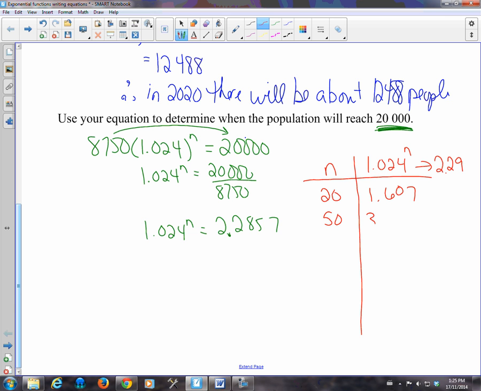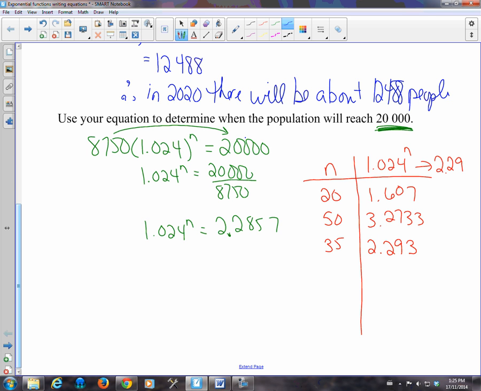And now I'm too much. I've got 3.2733. So I'm going to look somewhere in between, maybe 35. So it's a little better. I'm at 2.293. I'd say that we are pretty darn close right there at 35.